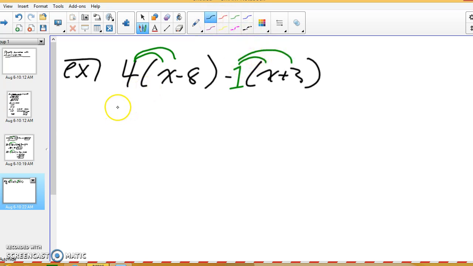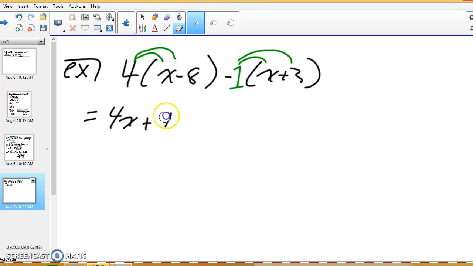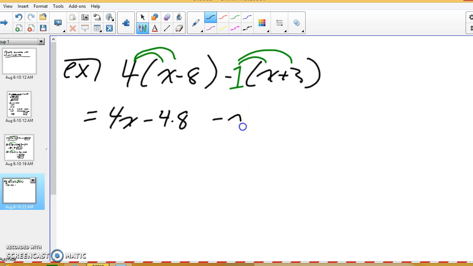So that would be equal to 4 times x. And now we're going to say plus 4, the other distributive law says we can just use the negative version, so minus 4 times 8. And then we have negative 1 times x. Okay, so that's just a negative x. Then plus a negative 1 times 3. Now again, it's just our order of operations.